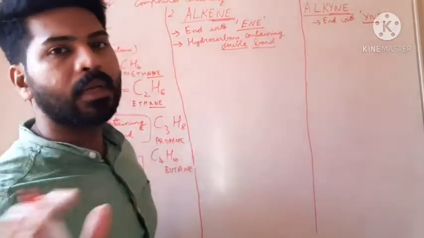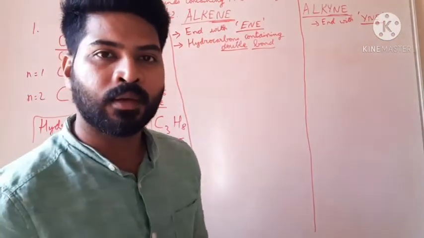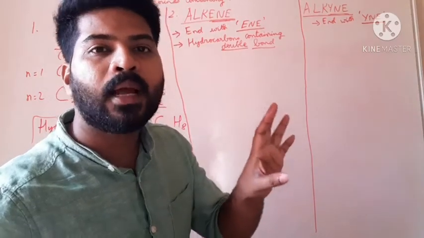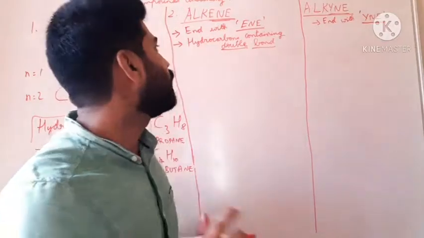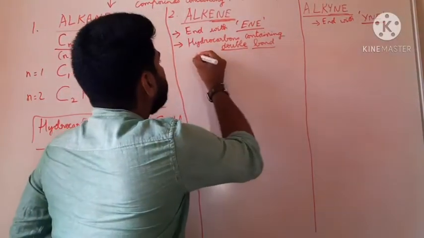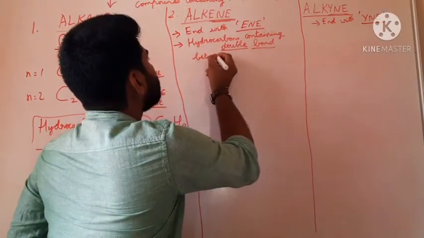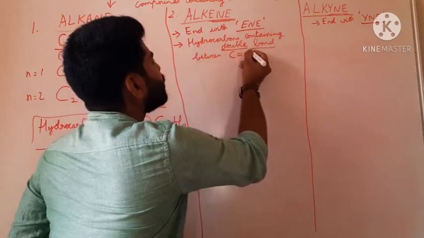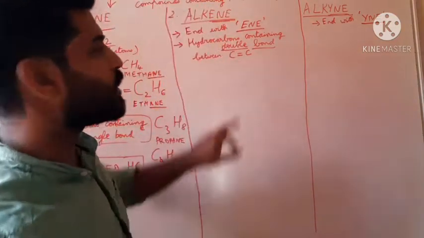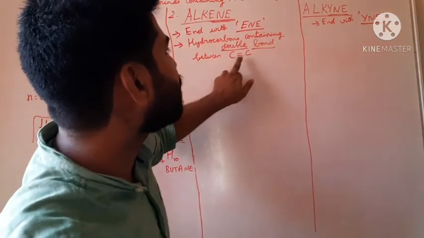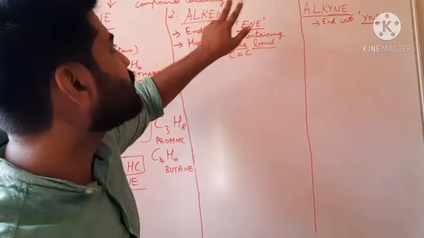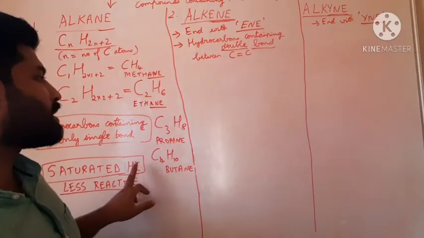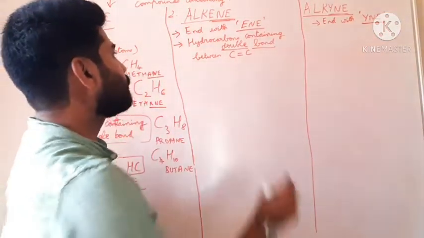There should be a double bond present between the two carbon atoms. Very important point. Such hydrocarbons are called alkenes, whereas alkanes contain only single bonds.